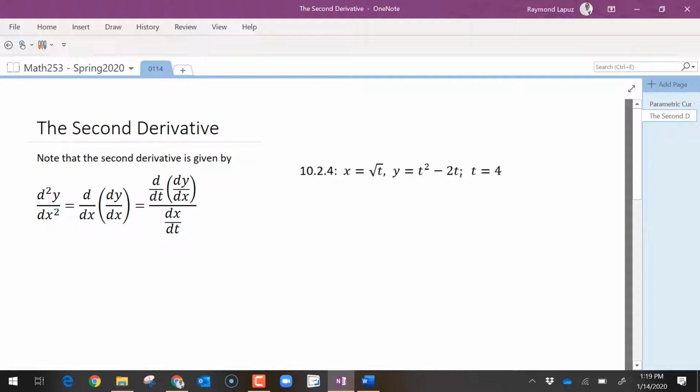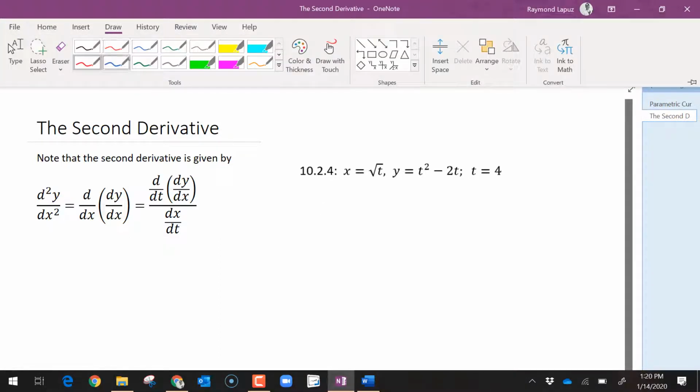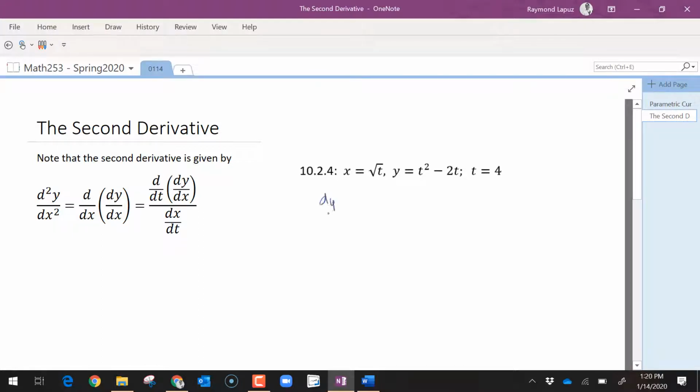So first, the first derivative, dy dx. We want y prime divided by x prime. So the derivative of y is 2t minus 2. And then the derivative of x is, so that's the first derivative.